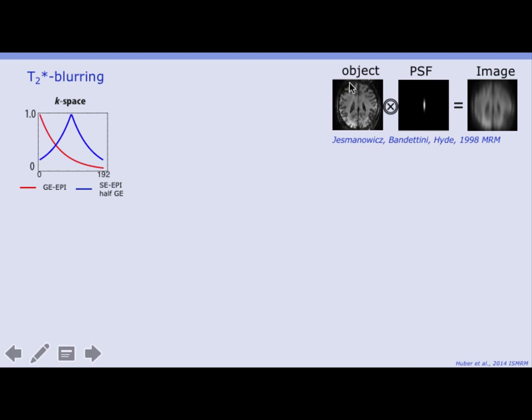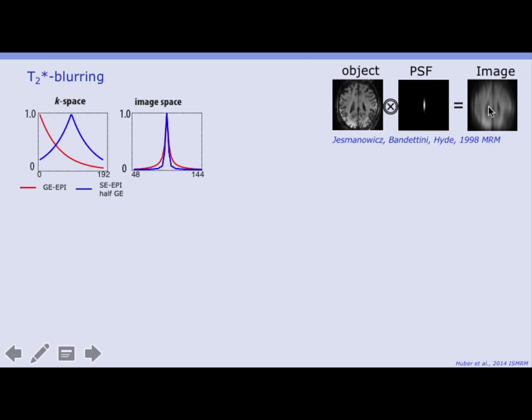And the assumption of the linearity comes about assuming that if you have two different point sources and blur them separately, you have the same results as if you would have two point sources together and blur them. And the results of the point spread functions for those two kind of trajectories are visible here. And you can see that for the full k-space acquisition in red, you have much more blurring compared to the ones in blue, which has a sharper point spread function.